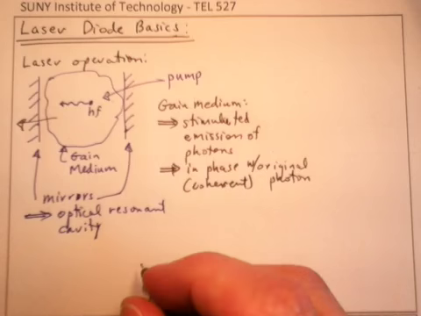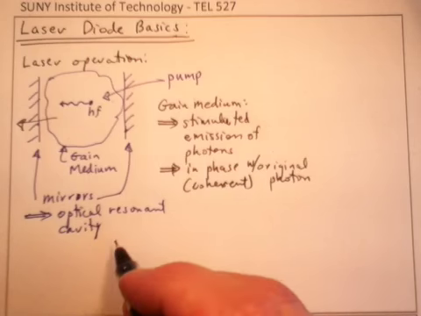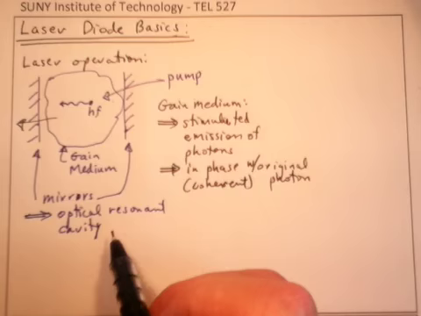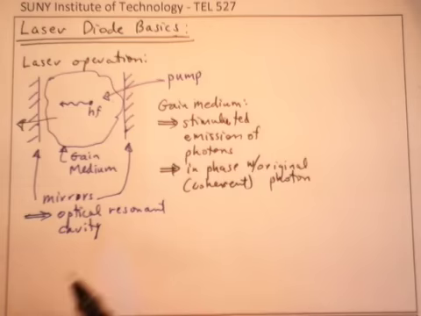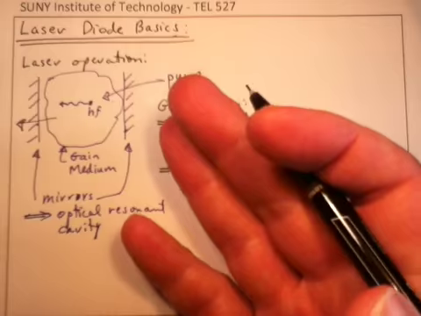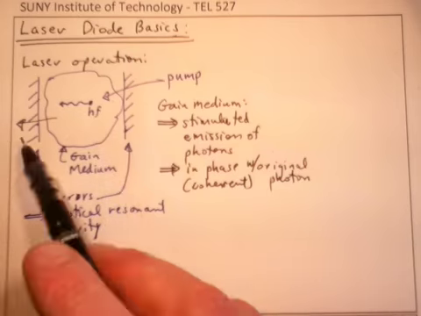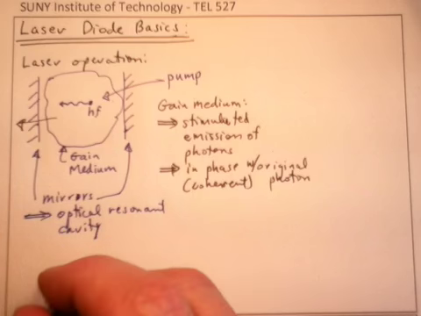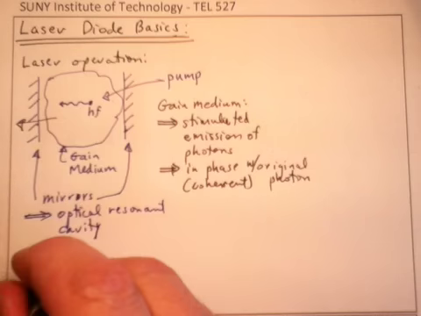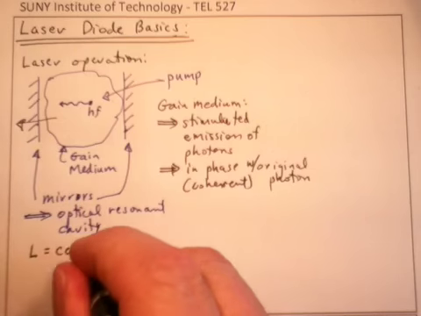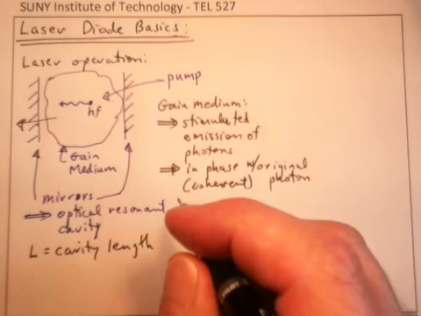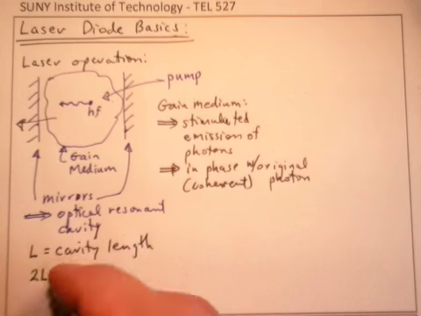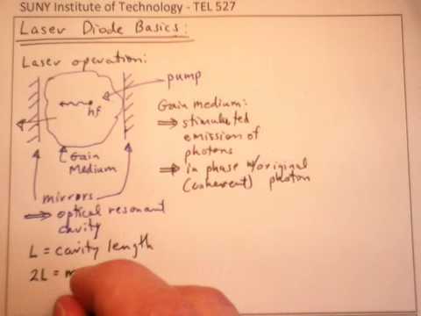And what happens is, just as when we took a zigzag ray and drew a picture of the zigzag ray having a phase matching condition which gave rise to the modes inside of a waveguide, we will have the same sort of phase matching condition here, where we say that L is equal to the cavity length, and we say that 2L, which is the round trip distance, has to equal m lambda.